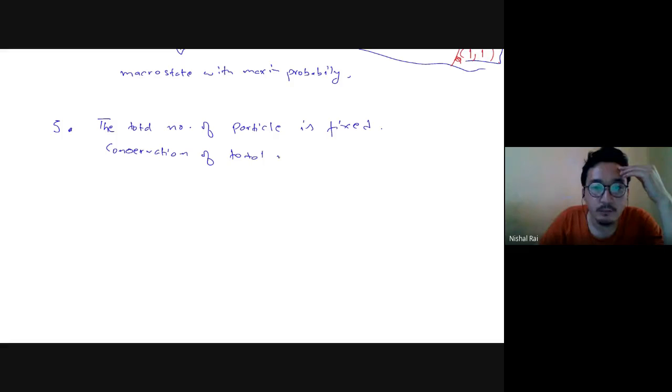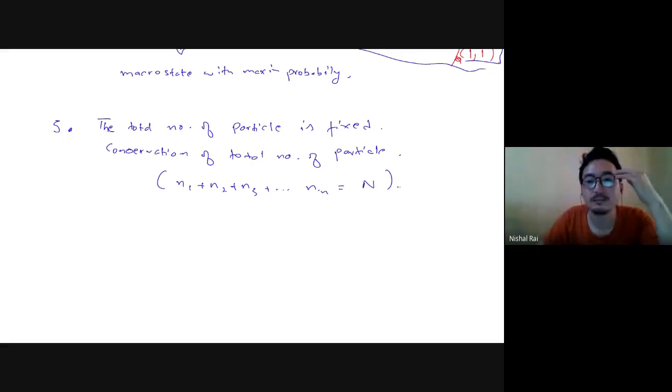If you remember, it's basically n1 plus n2 plus n3, up to n. Yes, sir. N will be equal to the summation of all n's. This is your conservation of number of particles.